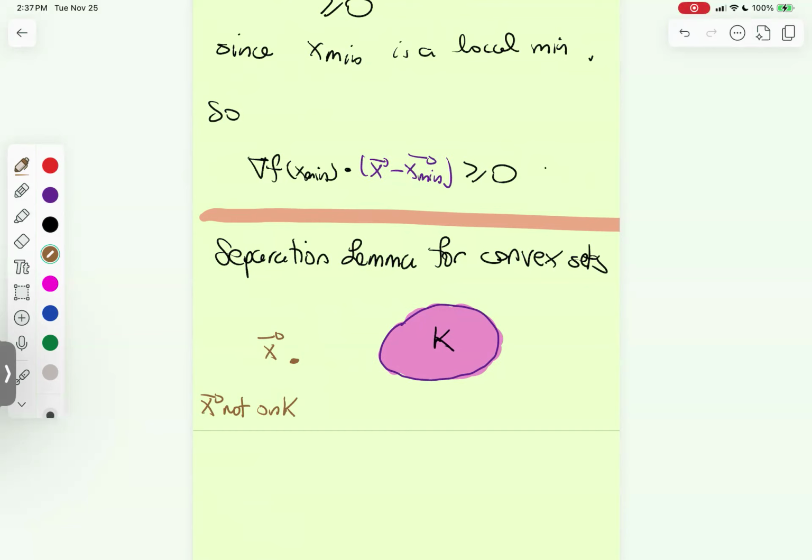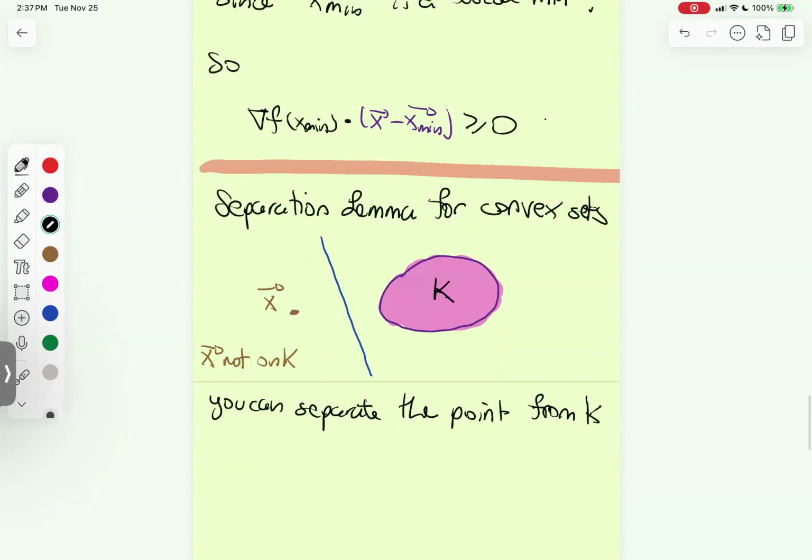In this case, it would look more like a line. So you can separate the point from K using a hyperplane, or like a line.